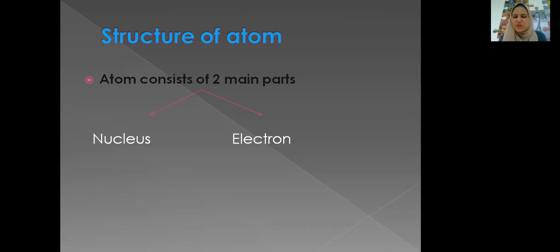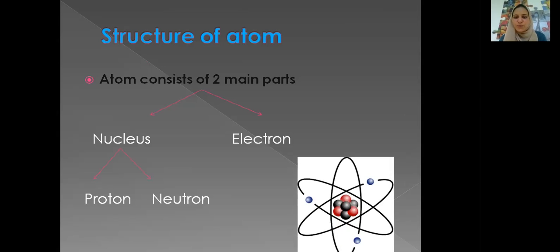The nucleus is like the sun, in the center, and what rotates around it are electrons, which are like the planets found in the solar system. Here the nucleus consists of protons and neutrons. So the atom consists of a nucleus and electrons, and the nucleus consists of protons and neutrons.